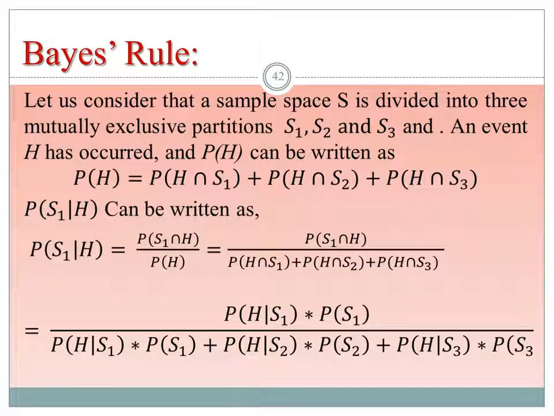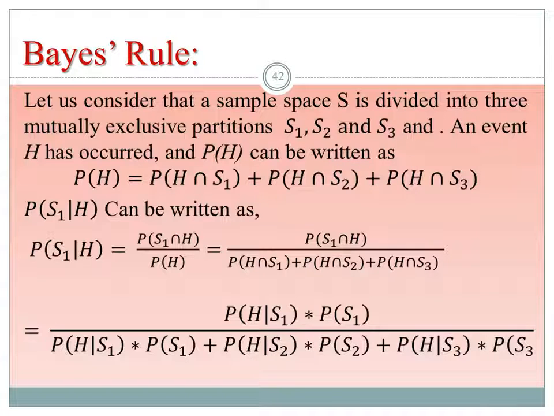And an event H has occurred, so H is a common event for the partitions S1, S2, S3. Then we can write that probability of H is equal to probability of H intersection S1 plus H intersection S2 plus H intersection S3.